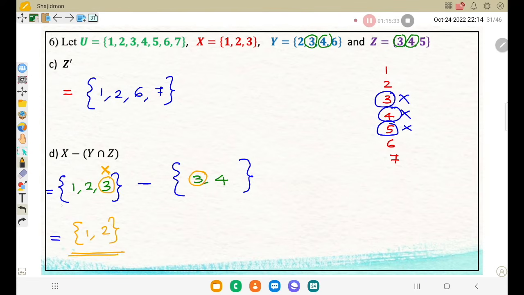Only the first set's answer should be from here, not from the second set. Whatever numbers are coming in the first set that are common, delete them. That is the only idea. So from the first set, the common number, delete. 3 is common, delete that. So the remaining is the answer. 1, 2 is the answer. So that is the meaning of subtraction.